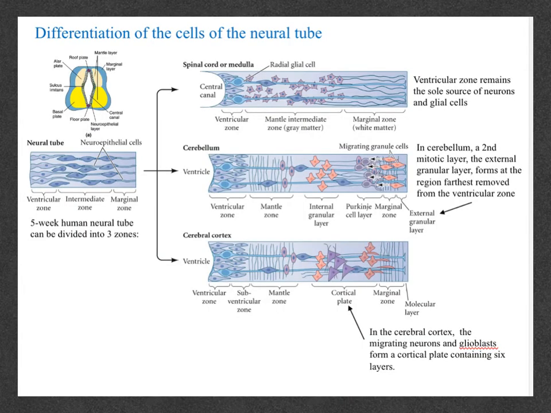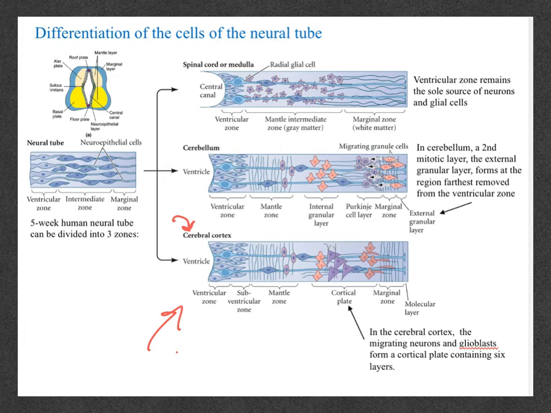Okay, so lastly, we're going to take a look at organization in the cerebral region, which here is the cerebral cortex. And basically what happens is that it is organized in two distinct ways. Okay, first, like the cerebellum, it is organized radially into layers that interact with one another.